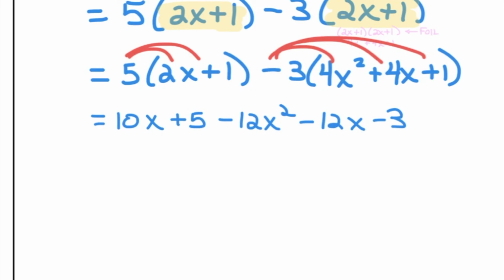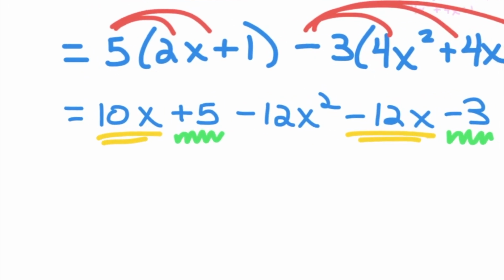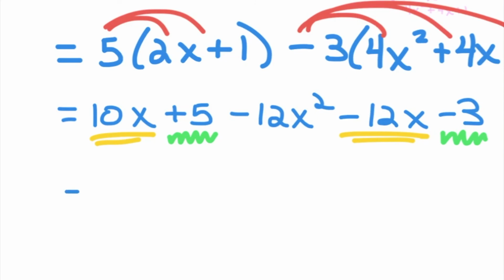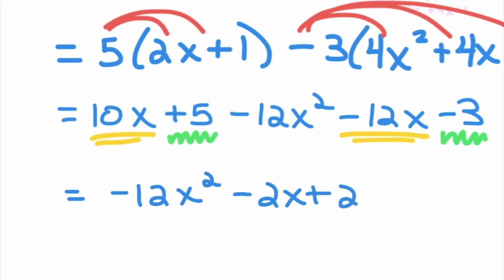And then when I look at combining like terms, only the 10x and the minus 12x are, oh, that's not true. 10x and minus 12x are like terms, and then the 5 and the minus 3 are like terms. And so I am going to pull that minus 12x squared up front. 10x minus 12x is minus 2x, and 5 minus 3 is plus 2.